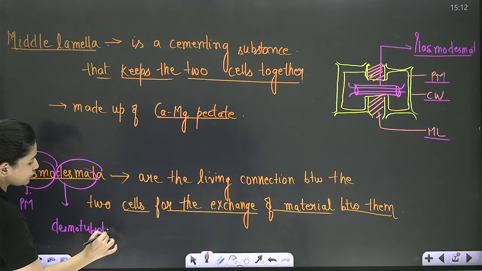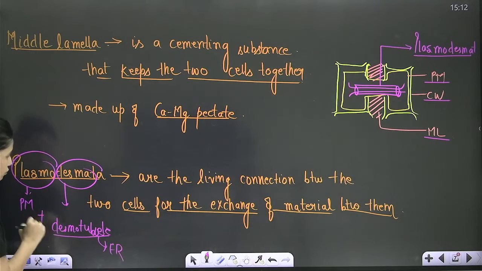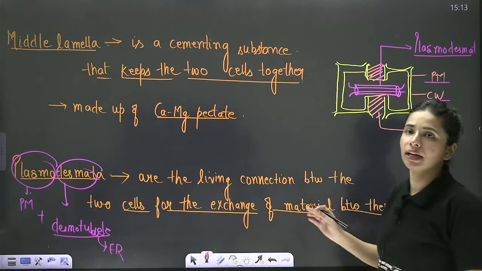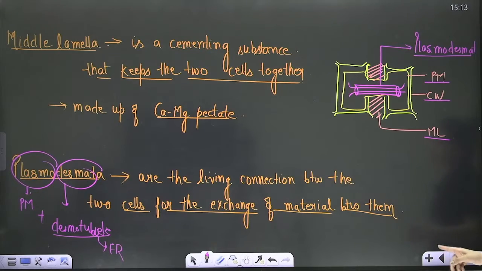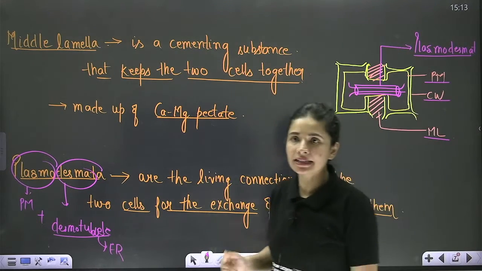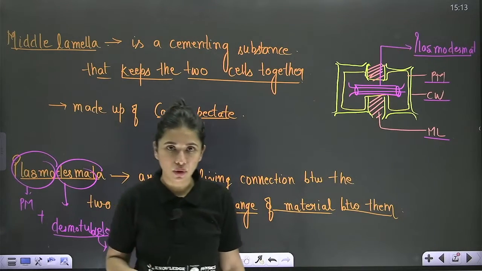And these desmotubules are made by endoplasmic reticulum. These two together make the plasmodesmata, which is a living connection for the exchange of material between adjacent cells. Got my point? Now, that's it for cell wall.